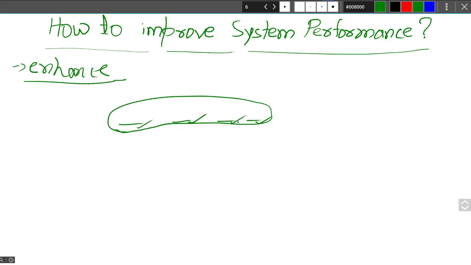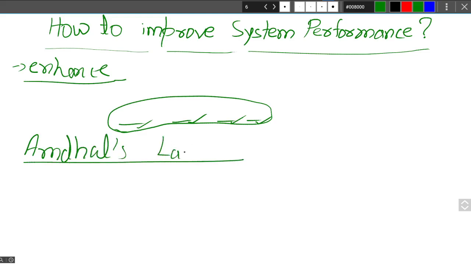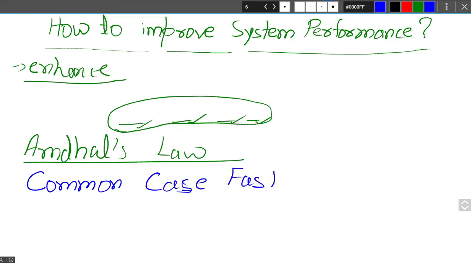So one law is what we call Amdahl's law. What does it say? It says that we have to make the common case fast. Common case means frequent case.